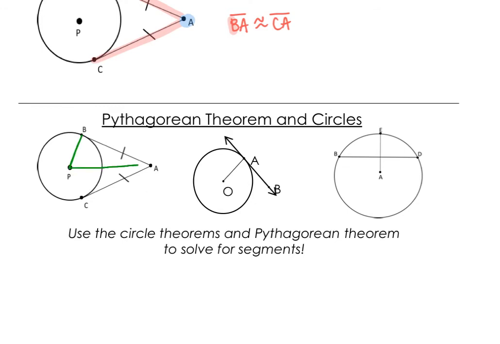The first is the tangent to a circle theorem, which states that every line drawn tangent to a circle to the point of tangency is perpendicular, which means we can form a right triangle there. The second one, if we connect these points, is also a tangent to a circle theorem that forms a right triangle. And in this third example, when a radius is perpendicular to a chord, you can form a right triangle right here. So in all these cases, because we have a right triangle, we can use the Pythagorean theorem.